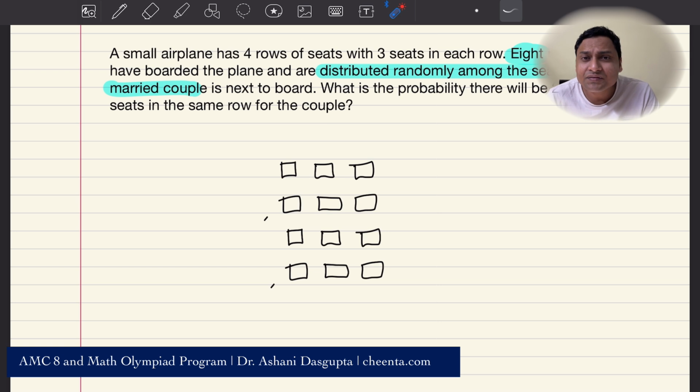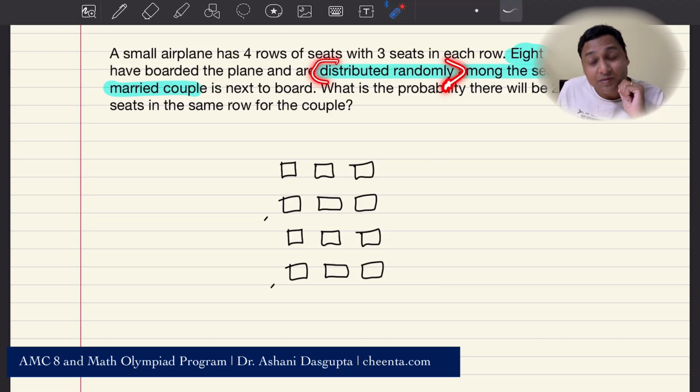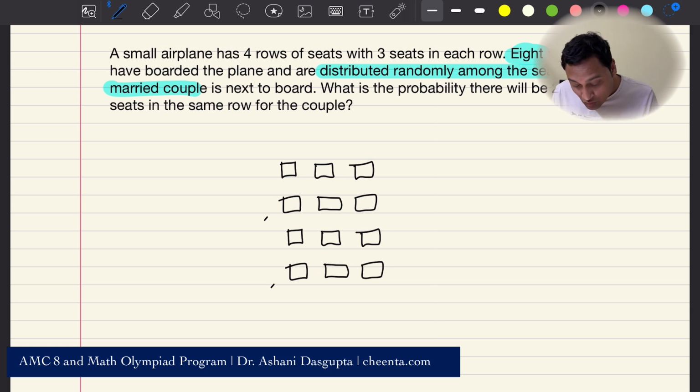So let's first understand what is the meaning of distributed randomly. Well, in terms of probability theory, it means all the choices are of equal probability. Let me explain. First, you have to understand what is happening.